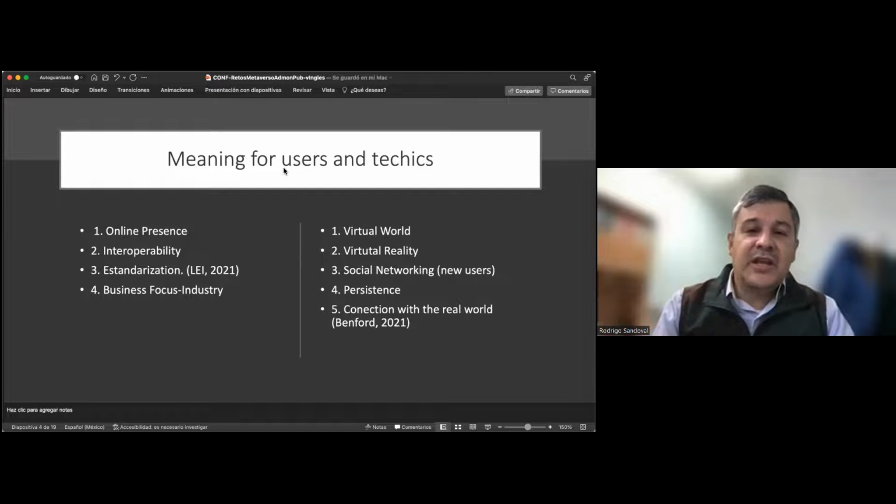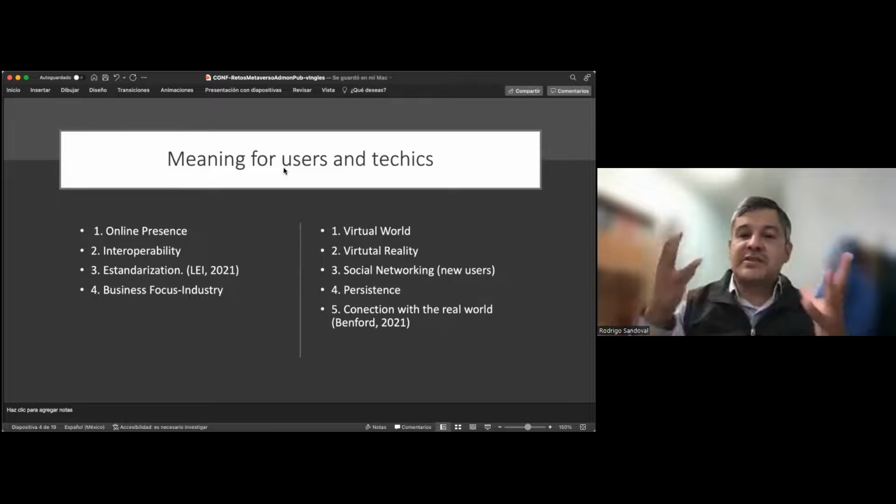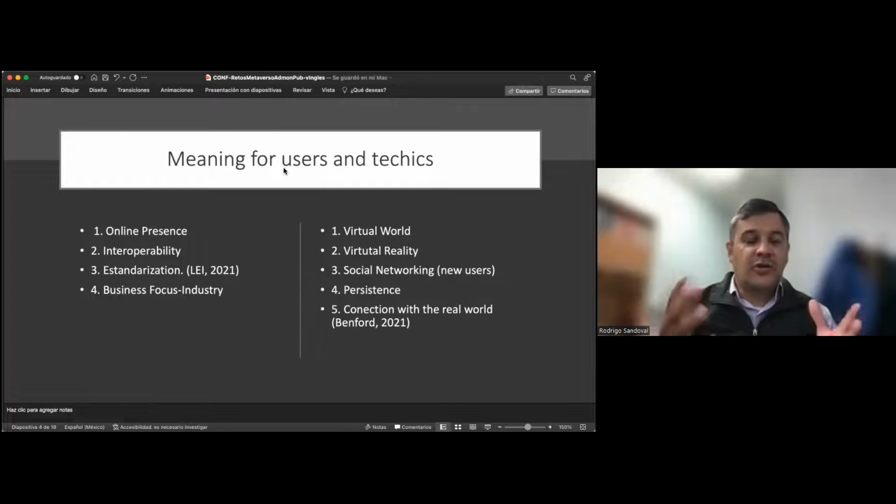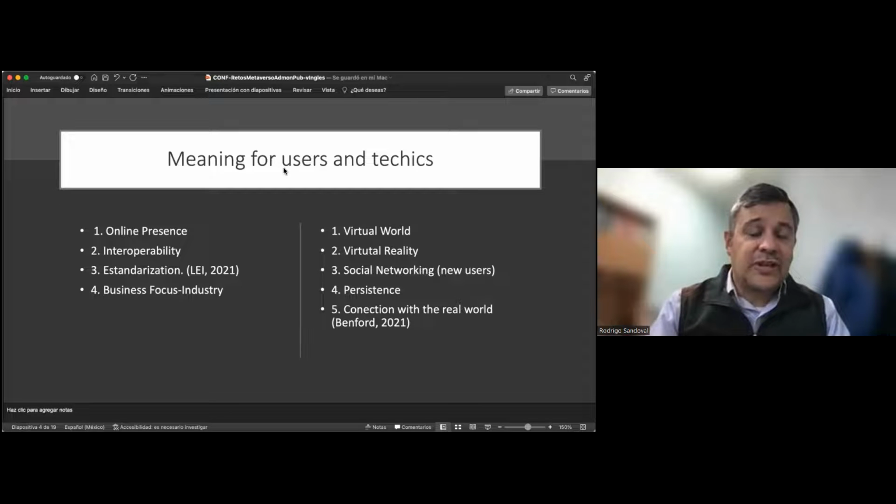So there are different meanings. I want to start with the meanings. Some users and some technicians think that the metaverse is online presence. This is a complete online presence, a total immersion of people inside a different world.